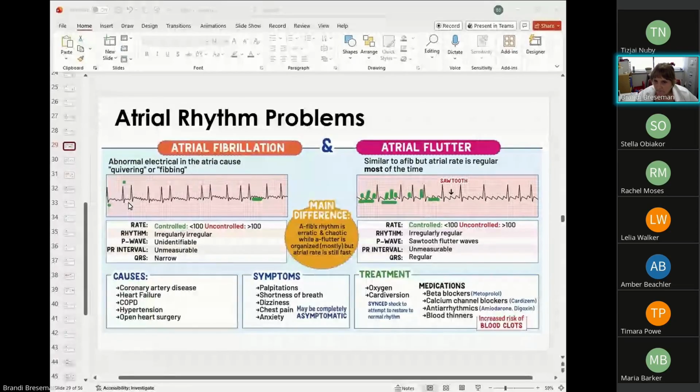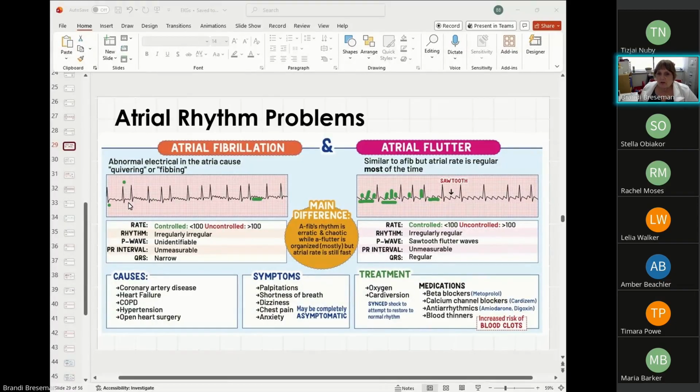Okay. Again, with both of them, under 100 is controlled, over 100 is not controlled. In atrial fibrillation, and in atrial flutter too, but you don't see it as much, they can actually get their heart rate into the 130s and the 140s and the 150s.